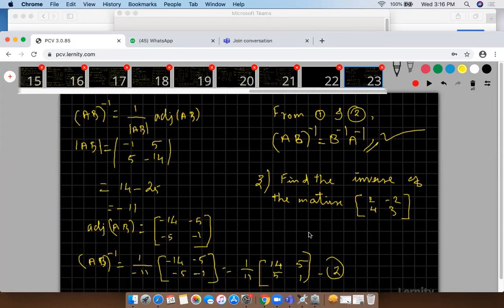How to find out the inverse of the matrix? Your A inverse formula is A inverse is equal to 1 by determinant of A, adjoint of A. First of all, find determinant of A.